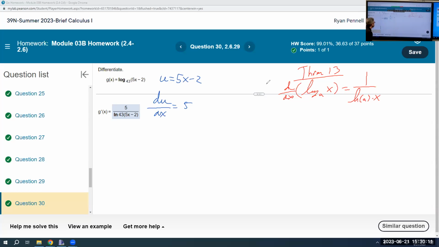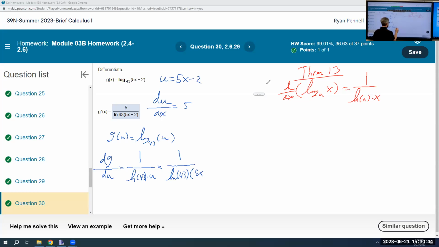That's easy enough. Okay. If I have g of u equals log base 43 of u, what's the derivative of g in terms of u? 1 over natural log 43 times u, so 1 over natural log 43 times 5x minus 2.